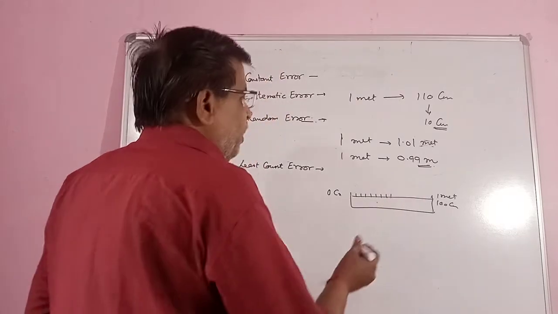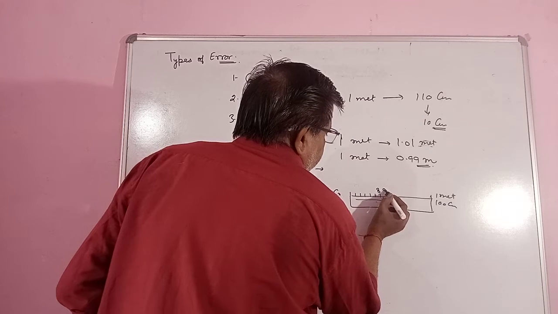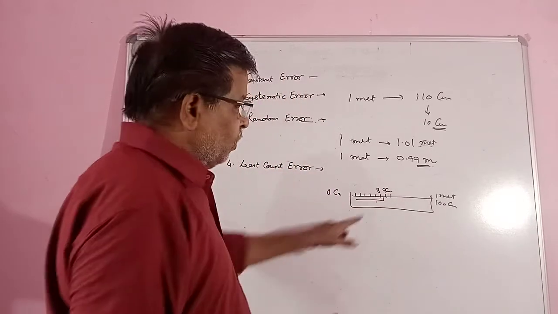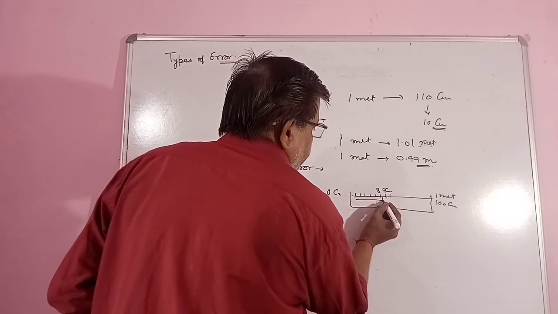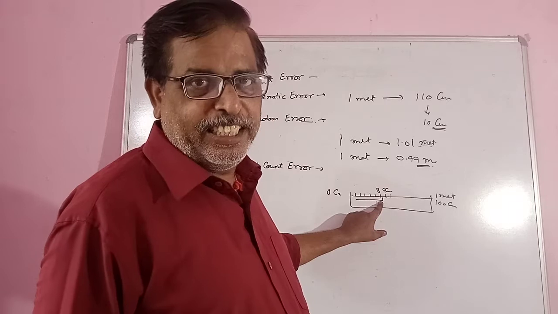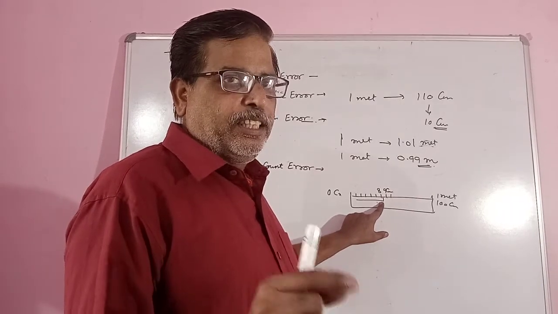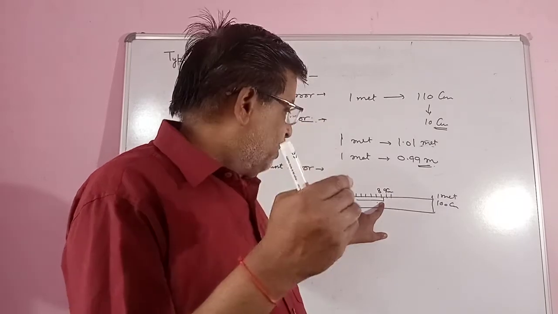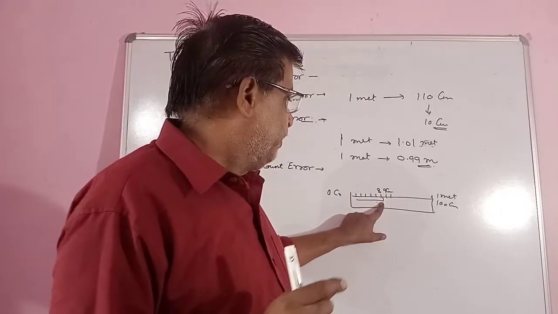If millimeters are not given in this scale, so least count is 1 centimeter. Suppose one length is of this. This is 8 centimeter and this is 9 centimeter. So what about this? It is measured as 8 centimeter because we can't measure a smaller value than least count by an instrument.